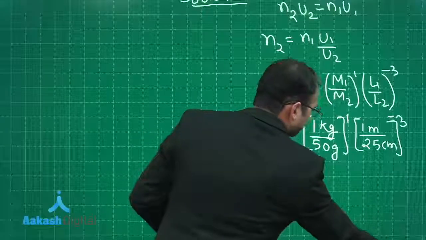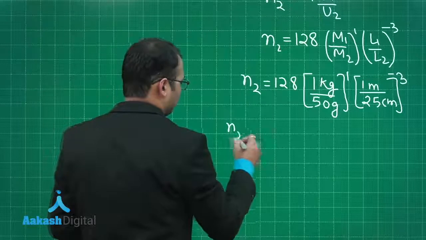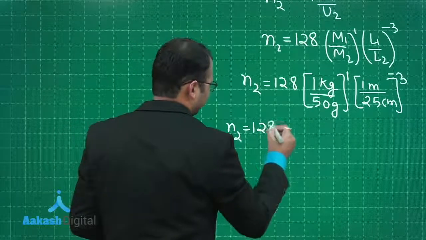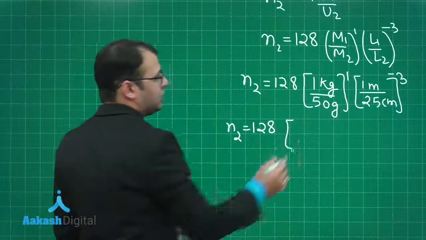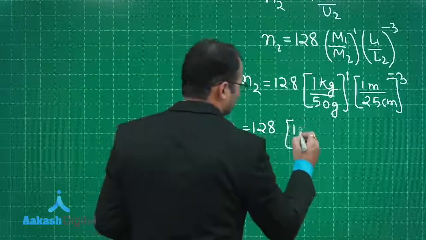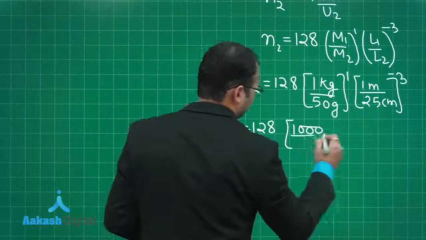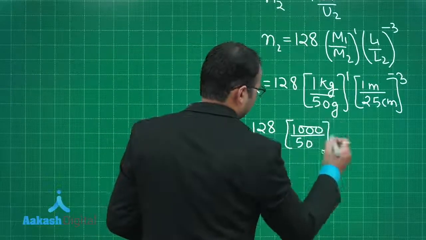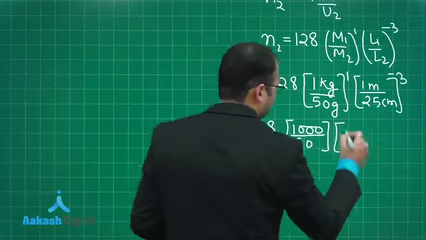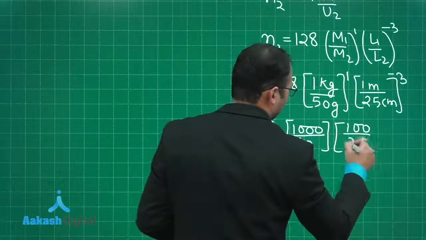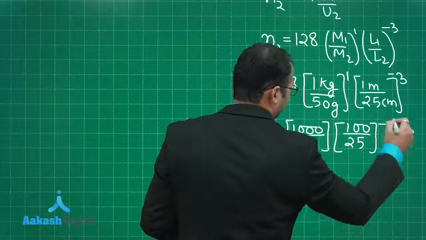Now solving this, n2 would be equal to 128. Now for a number, the units cannot survive. So 1 kg, I can write as 1000 by 50. The units will be cancelled out. And here I have 100 by 25. The power would be minus 3.